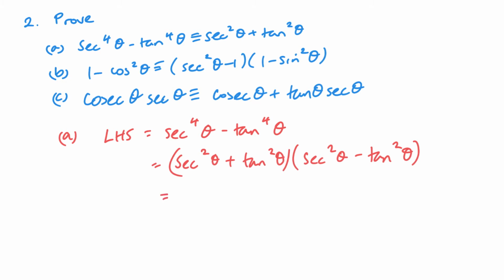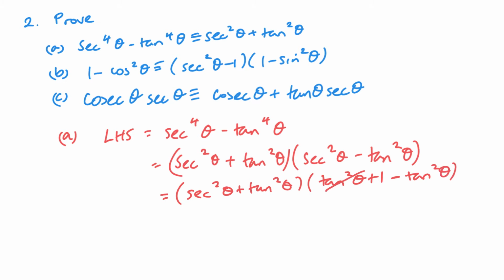Now, this first bracket is exactly what I want. So looking in the second bracket, sec squared is tan squared theta plus 1. And then we still have that negative tan squared theta. So these are going to simplify with each other, just leaving me 1 in that bracket. So we get sec squared theta plus tan squared theta, which equals my right hand side.